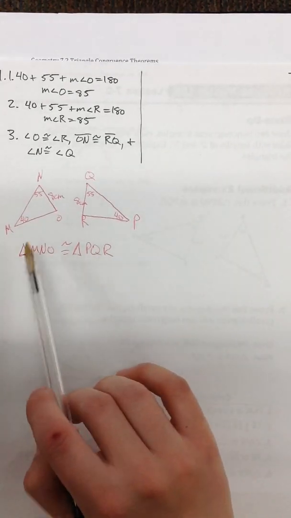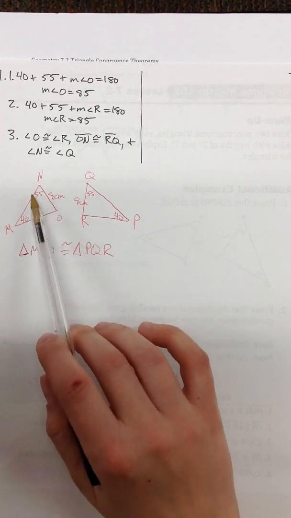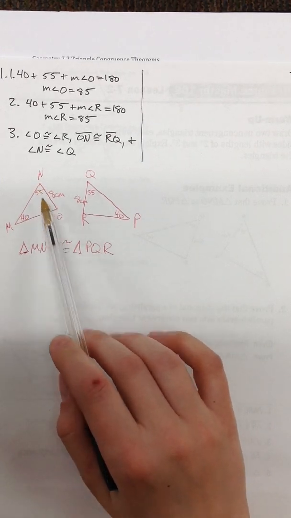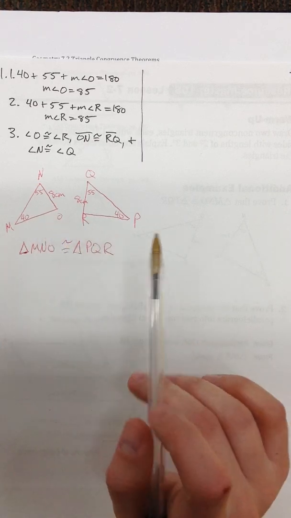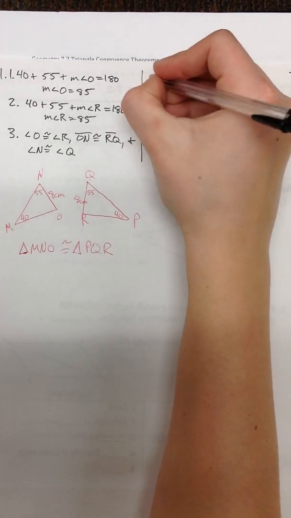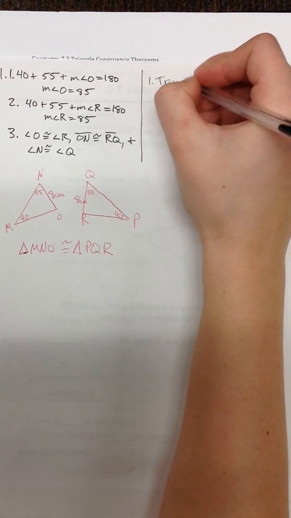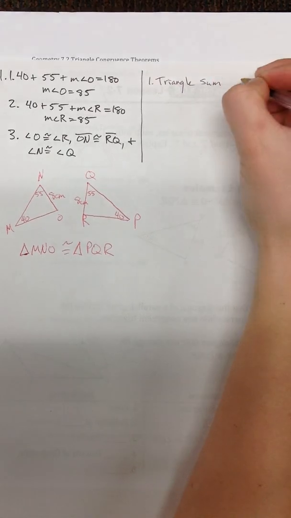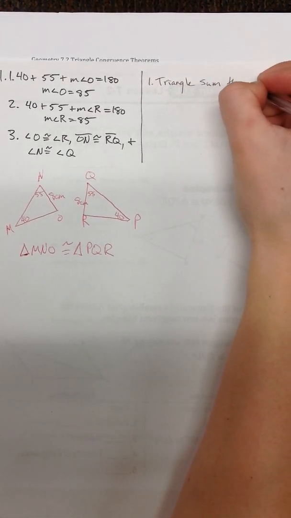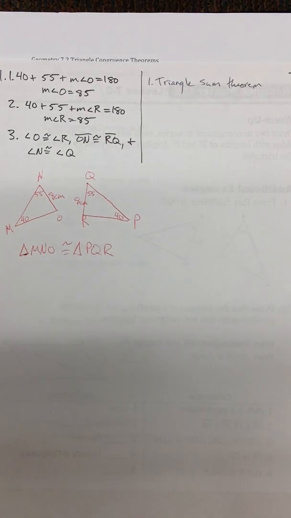So if you look here at this triangle MNO, we've got 40, 55, and O, and those have got to add to 180 by our triangle sum theorem. Okay, so in that triangle sum theorem, that's our explanation here. What that theorem says is if you've got the three angles of a triangle, those always add together to be 180.